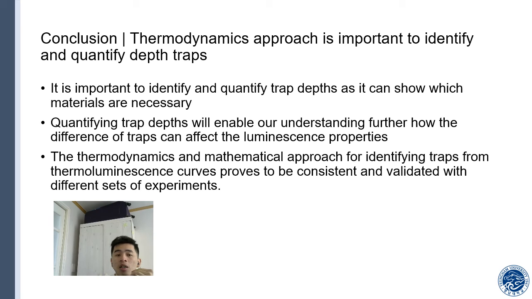It can show which materials are necessary and which are not, so we can use this as a dopant or maybe this as a base, to know whether this will be a good mechanoluminescent material by experimenting with thermoluminescence on it and then assessing its glow curves, thus identifying its trap depths.